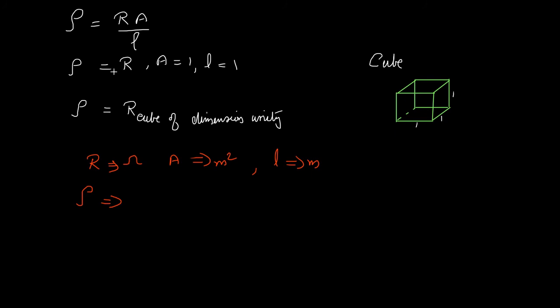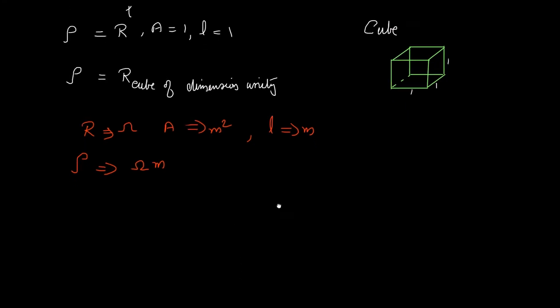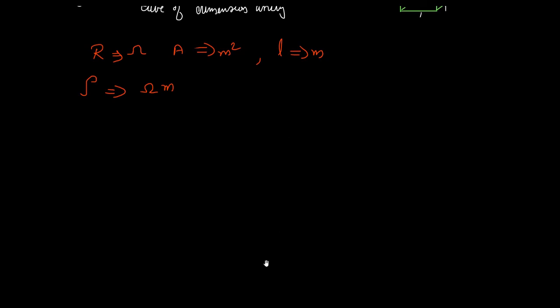SI unit of resistivity is ohm meter square per meter, that is ohm meter. That is the SI unit of resistivity. Resistivity does not depend on length or area of cross section. As length varies, area of cross section also naturally varies. Hence resistivity depends only on the material of the conductor.